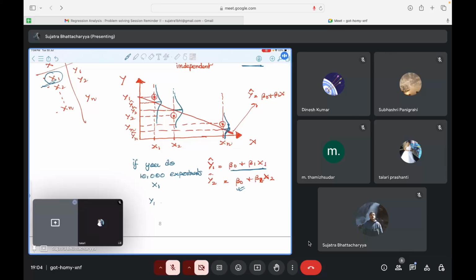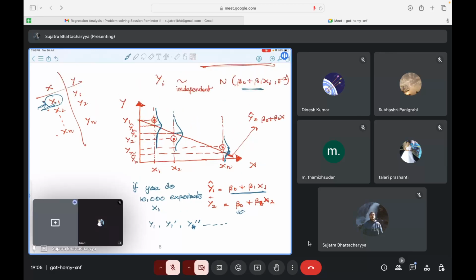So for the first case you get y1, second case you get y1 dash, third case y1 double dash, and so on. You will get 10,000 values because you are doing 10,000 experiments. Each and every time, by fixing the x1 condition, if you do an experiment, you will get many different values. From those values, this distribution is created. Understood? Based on those 10,000 values which you have, the distribution is created.